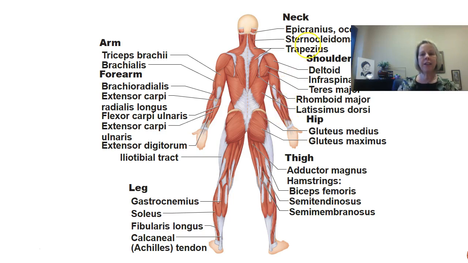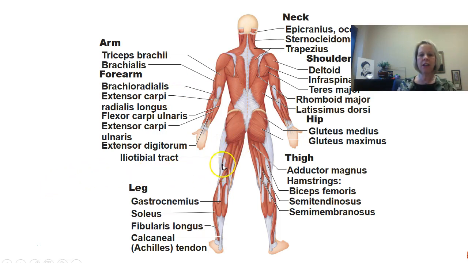And in these pictures, you can see the entire trapezius on the back. On the other one, it was cut away. Here's the entire latissimus dorsi on the back. And then the gluteus maximus muscle under that. And that helps extend and hyperextend your thigh at the hip. Down below, you'll see other muscles that are found on the back of the thigh.